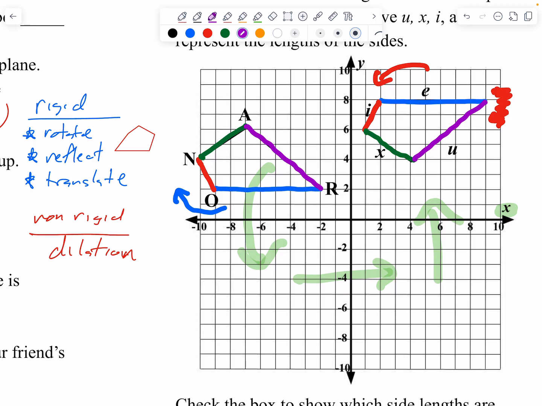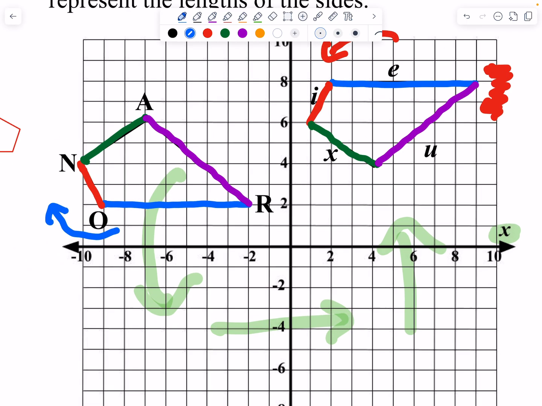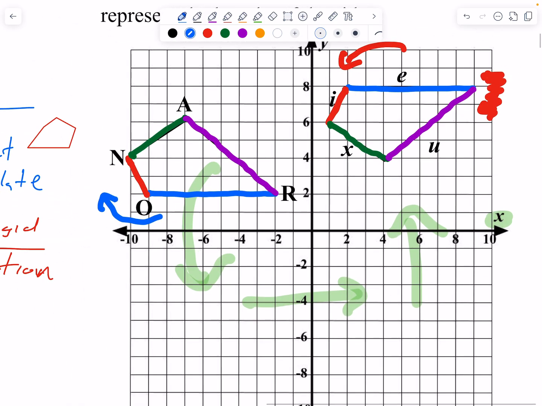A little hint, this one's easier to tell, but one of the ways you can figure it out is just doing triangles. What I mean by that is, how do I know that AR and O aren't the same ones because they look the same? Well, technically speaking, if I do AR, I go like this, and AR gives me 1, 2, 3, 4, 5, 1, 2, 3, 4.